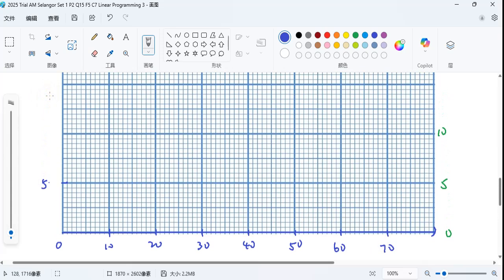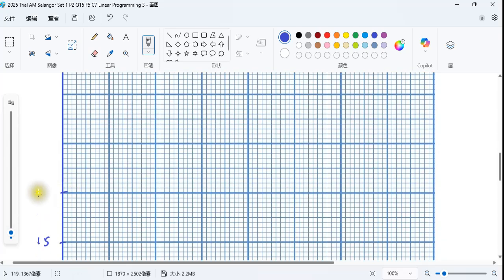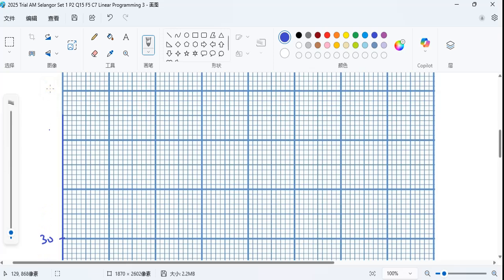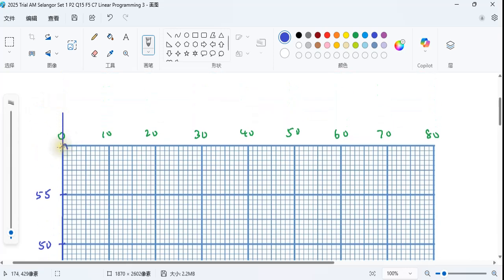Then we have 5, 10, 15, 20, 25, 30, 35, 40, 45, 50, 55, then this one is 60.